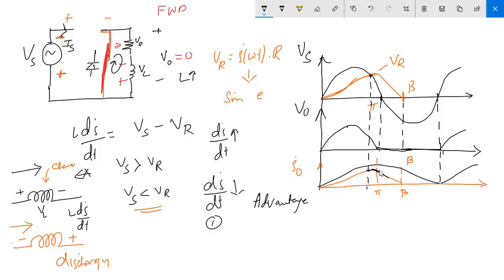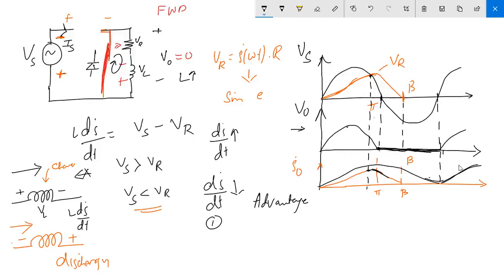In the last lecture I explained that to make the output current continuous you have to connect an inductor, and this continuity of the load current does not show up in your output voltage. For a positive half cycle you will get a voltage; for a negative half cycle, if you have a freewheeling diode, it will be zero.